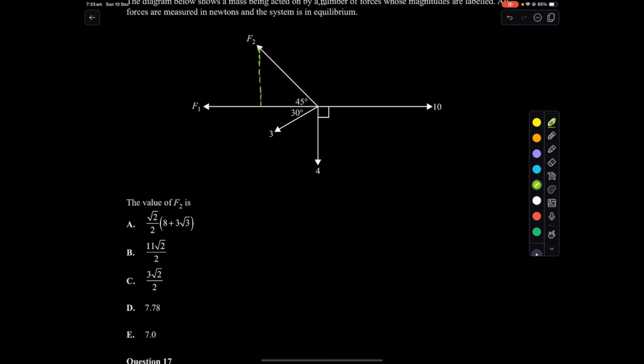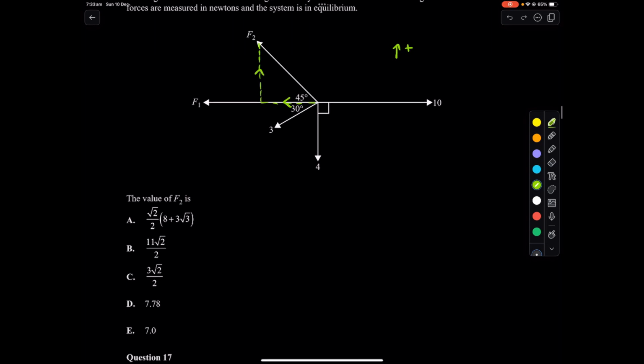Let's break the force F2 down into its components. So we get this and that. And let's take up as positive in this question. We're going to equate all the vectors, the overall total net force, to 0, because remember the net force is 0 for the vertical direction.